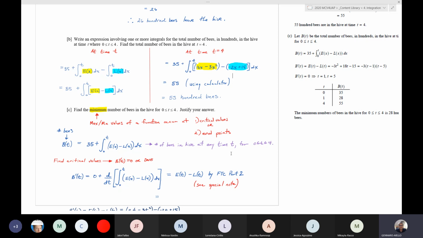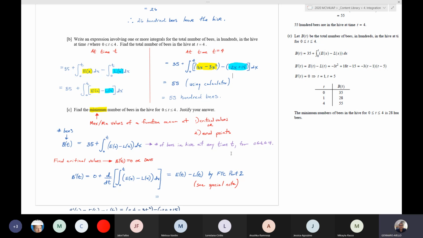So we've got our function there. I've called it b as a function of t that represents the total number of bees. We need to find the critical values of that function. And then what we're going to do is evaluate that function at the endpoints and at the critical values.